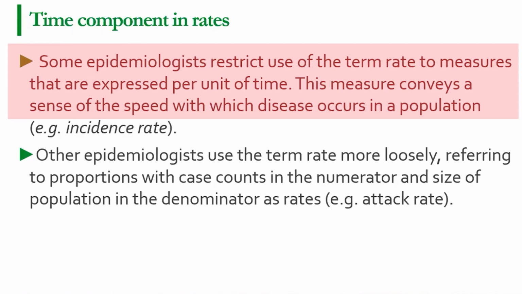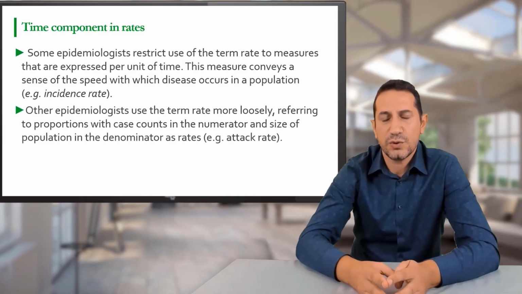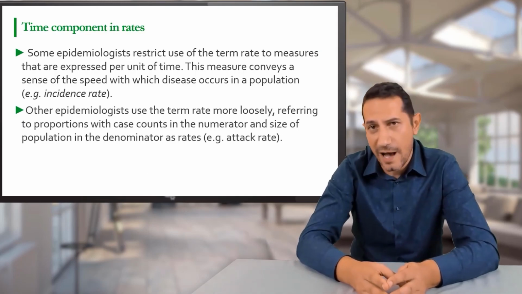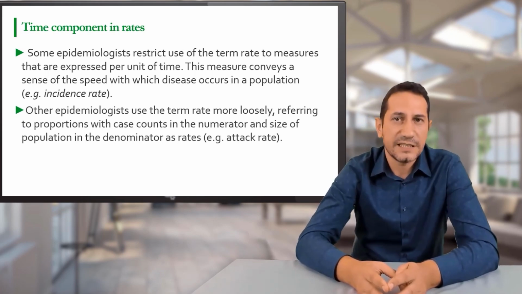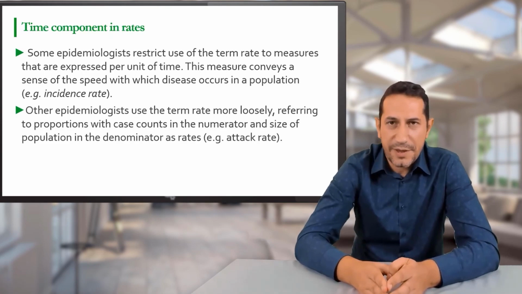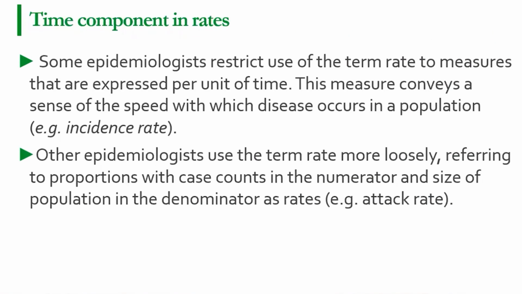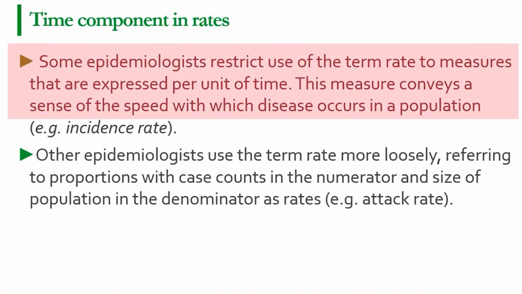Think about driving a car and the speedometer shows you 100 kilometers per hour. In terms of diseases, we could have 100 cases per day, 100 cases per year, and so on. So we have the time unit telling us how fast the disease is spreading into the population of interest. It shows the pace, the speed the disease is taking.